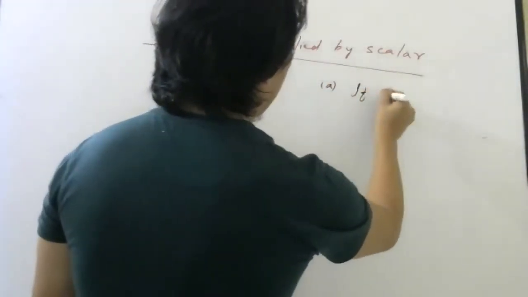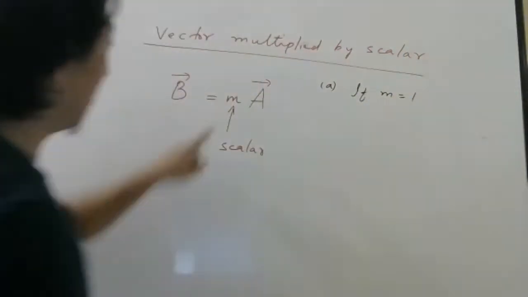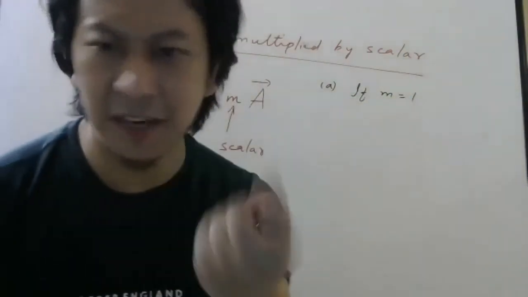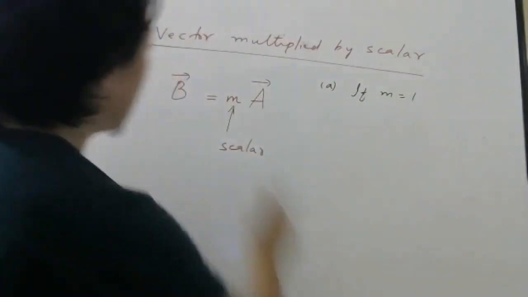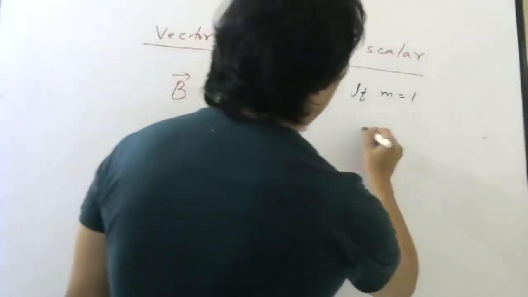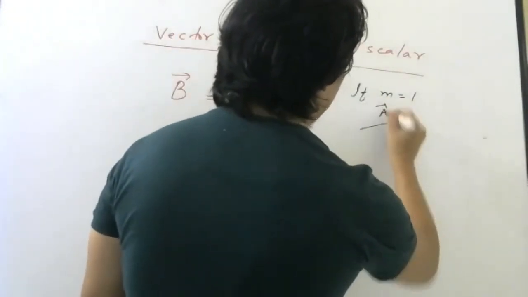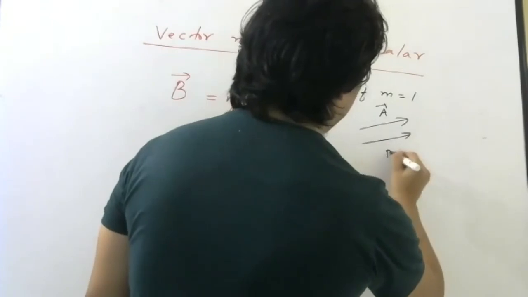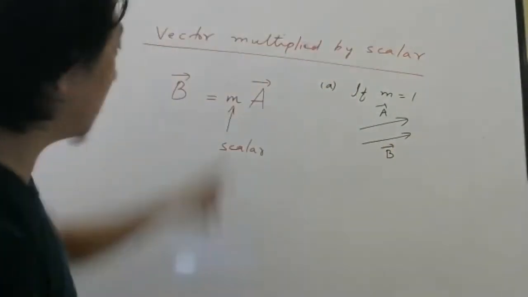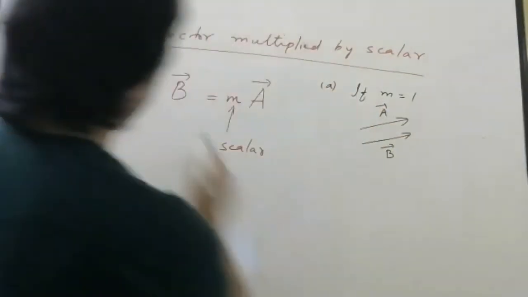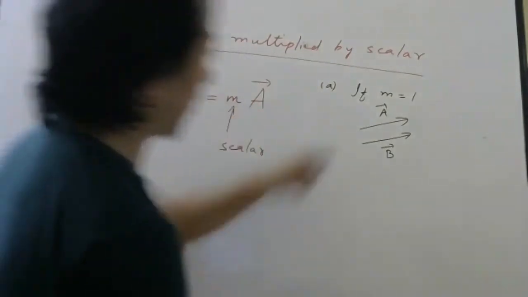If M is equal to 1, M is a scalar. Scalar means just a number, a single number. So if M is equal to 1, then if this is A bar, this will be B bar. Accepted, right? Because if M is 1, then these two are equal vectors.